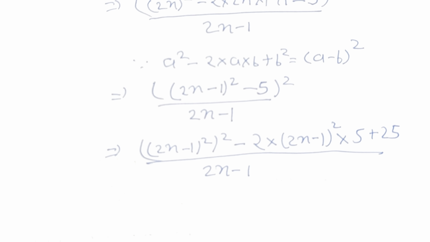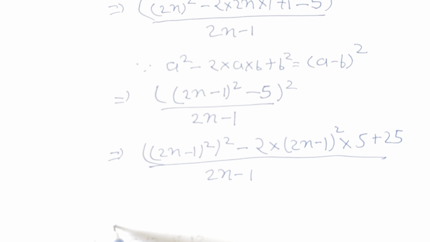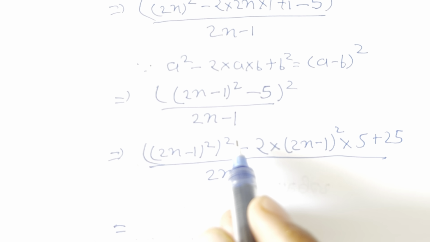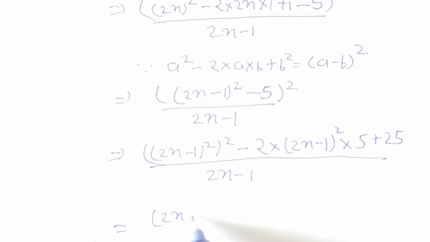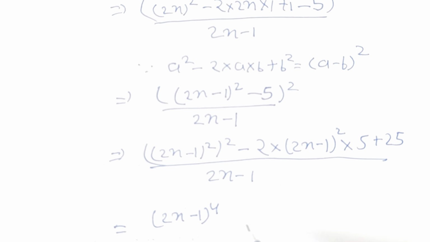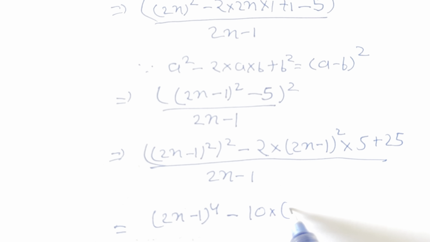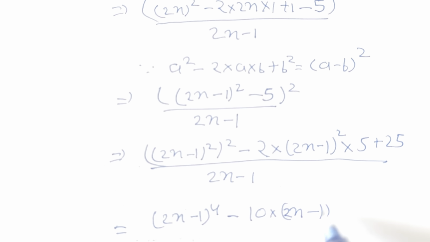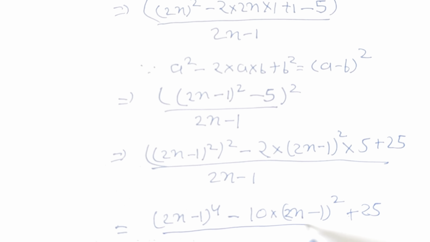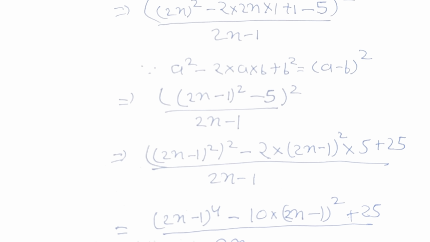I simplify this more: ((2n − 1)²)² is (2n − 1)⁴, minus 2 into 5 is 10, into (2n − 1)², plus 25, divided by 2n − 1.